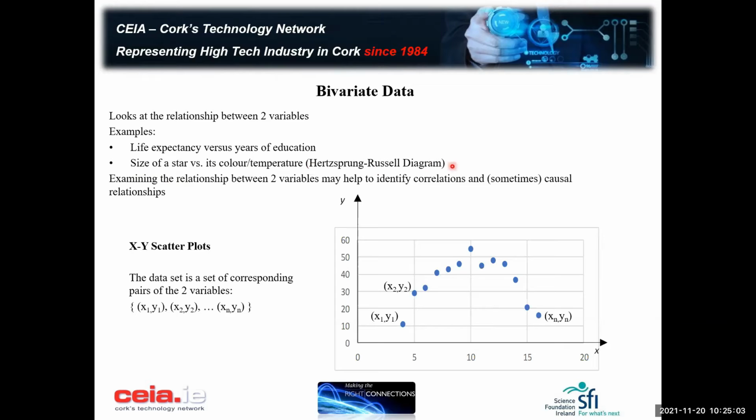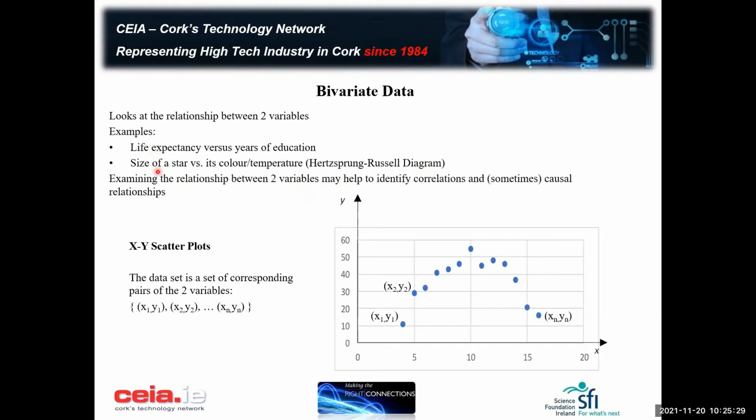If you're into astronomy, the size of a star is related to its color, which relates again to its temperature. There's a famous diagram in astronomy called the Hertzsprung-Russell diagram, and the majority of stars lie along a particular curve in that diagram.